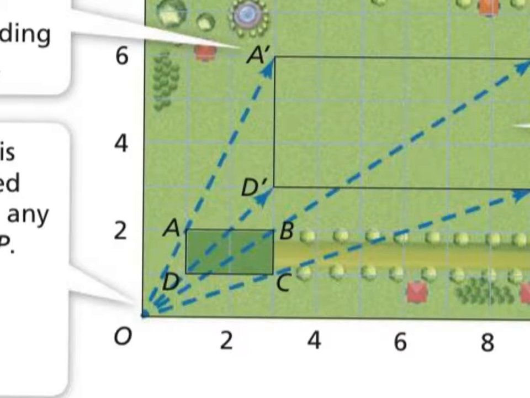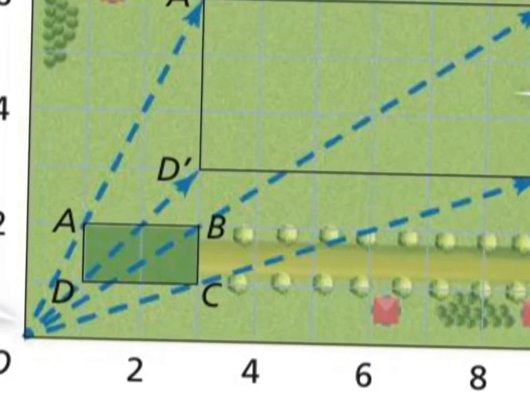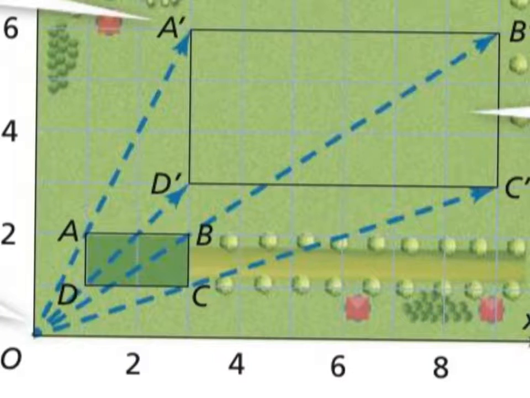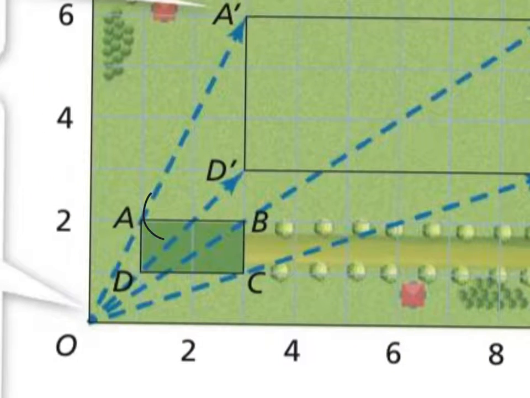The question is, where do we need to put that rectangle on our coordinate plane? And there's actually a way of doing this. We're not just randomly saying, I'll scoot it over here so it's not in the way of my first rectangle. We're using a scale factor of 3. Point A right now is at coordinates 1, 2. We're going to multiply the x and the y coordinates by 3, and that's going to take us to the point 3, 6.